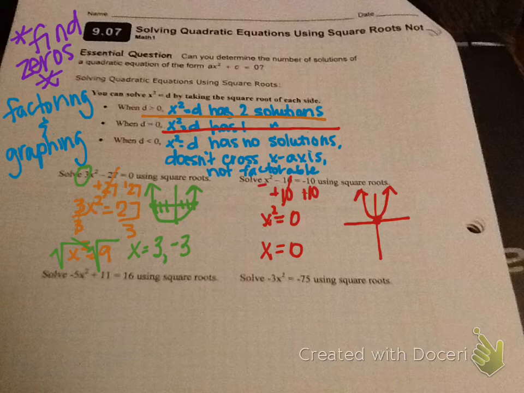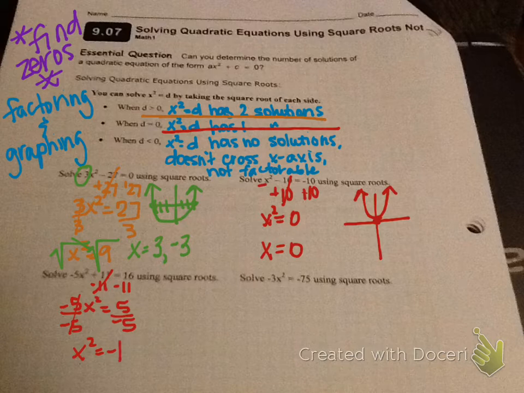The next one, 5x squared plus 11 equals 16, so we would subtract 11. 5x squared equals 5. Divide by 5. X squared equals negative 1. So we square root that, and there's nothing that multiplies by itself to make a negative, so there's no solution.